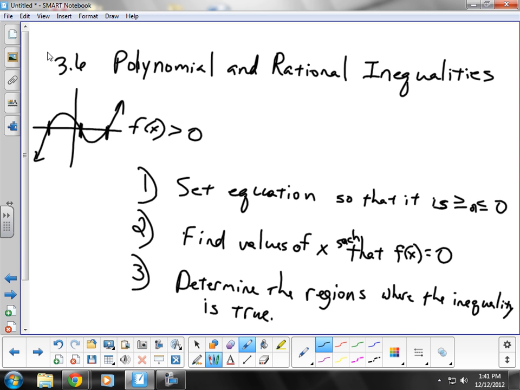So you're going to set the equation so that it's set equal to 0, or it won't be equal, it'll be less than or greater than 0. Then you're going to actually find where it is equal to 0. Those are your boundary points. And then you're going to determine which of the regions that breaks your number line up into give you positive, or not as positive, but true equations.